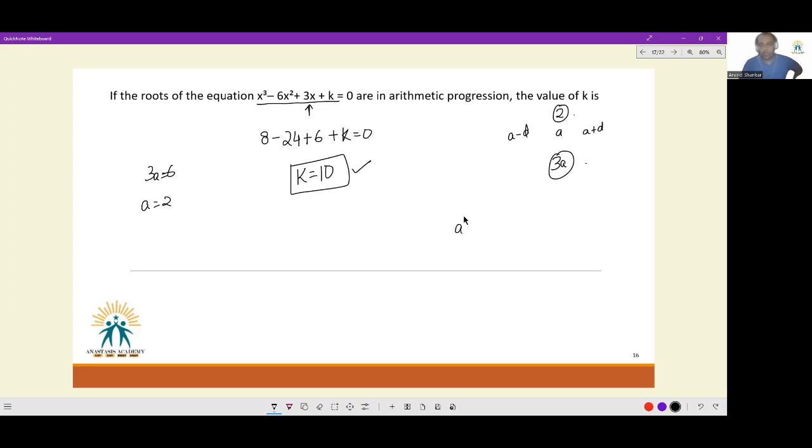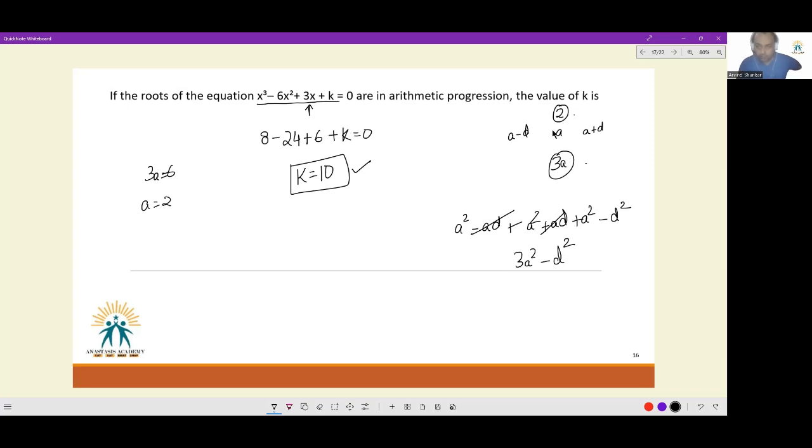So I get a square minus a d, plus these two, a square plus a d, and finally these two, plus a square minus d square. Cancel. We get 3a square minus d square.